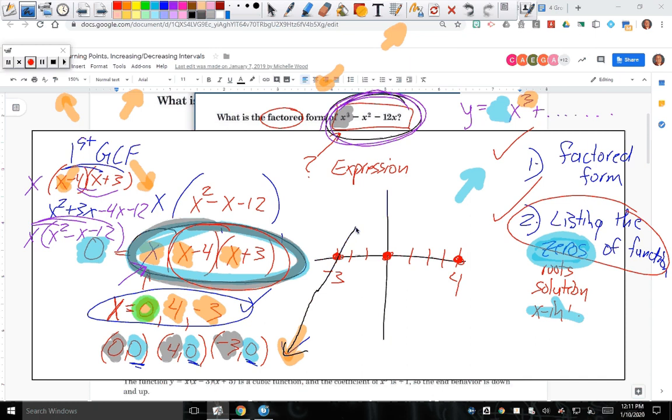And then I'm going to turn around and start heading back to the x-axis. And I'm going to head to 0. Okay, so I'm heading back toward the x-axis. And am I going to go through 0? Am I going to bounce off 0? Or am I going to squiggle through? I'm going to go through.